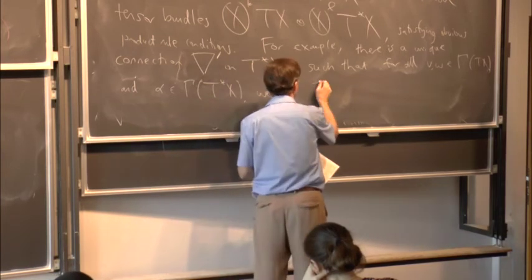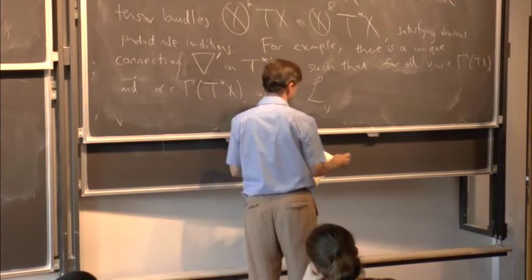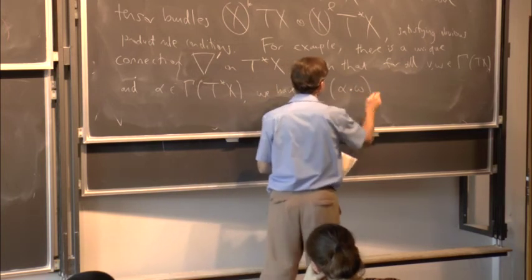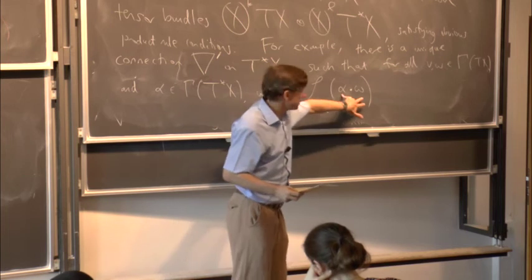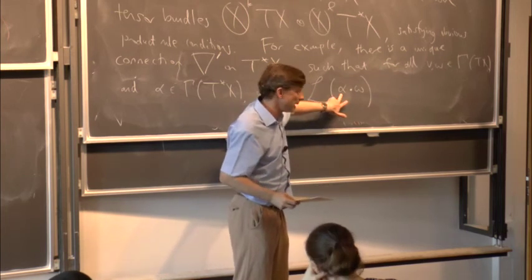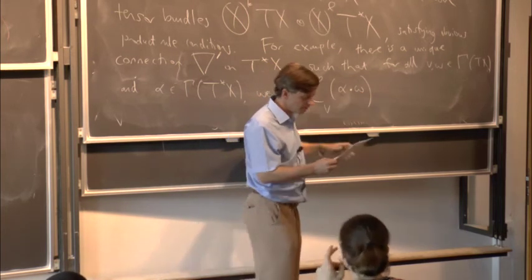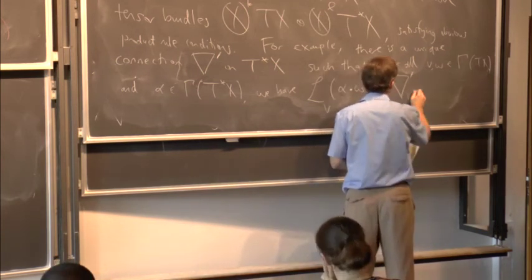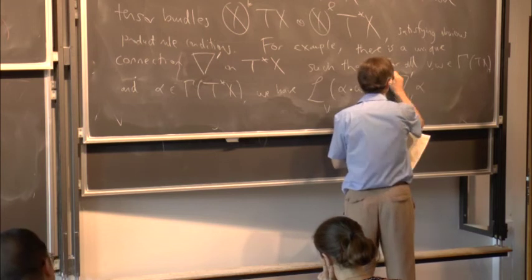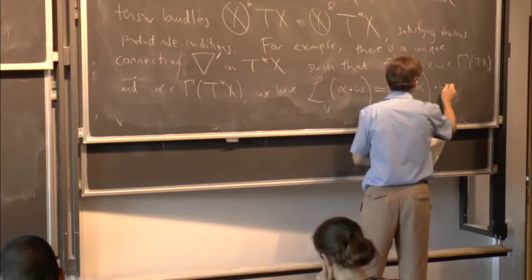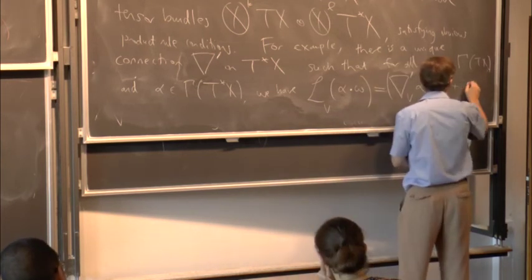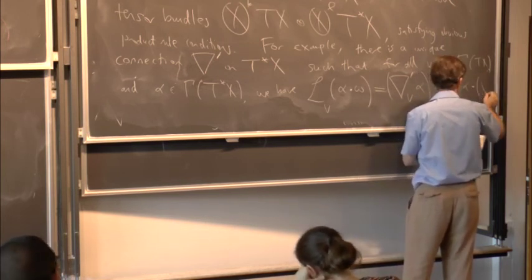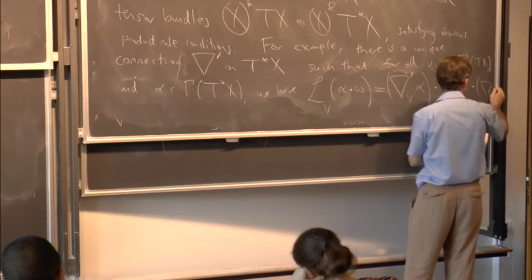well, the Lie derivative in direction v of alpha dotted with w. So this is just a function we get by contracting the one form alpha and the vector field w, is equal to nabla prime of v of alpha dotted with w plus alpha dotted with nabla_v of w.